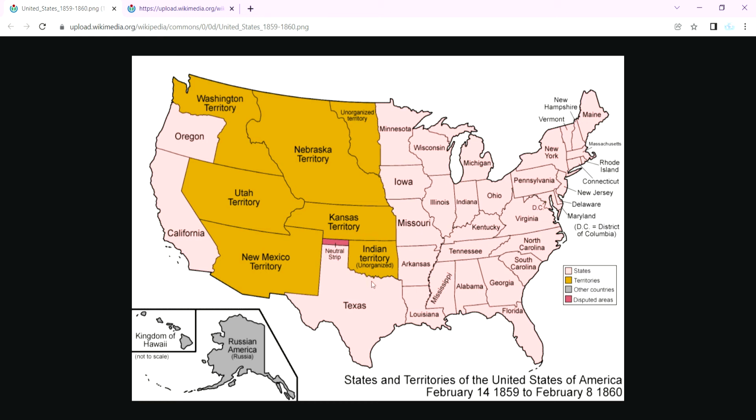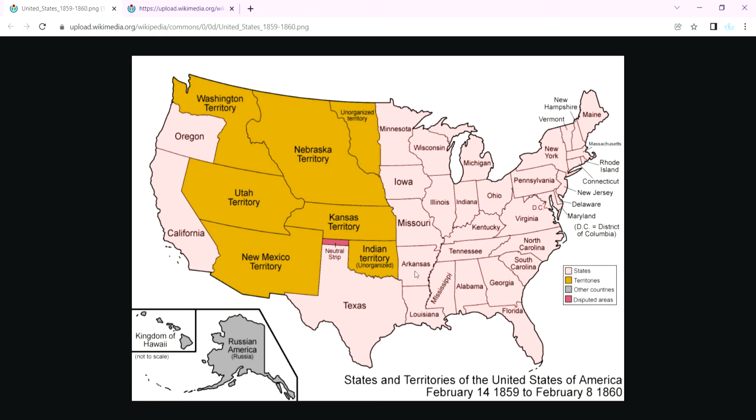So what started the whole Civil War was the election of Abraham Lincoln. Many people know him as the Great Emancipator, but he didn't actually come in with the intent to free slaves. His intention was to outlaw the slave trade, just trading slaves, and he thought that slavery would naturally die out from that.